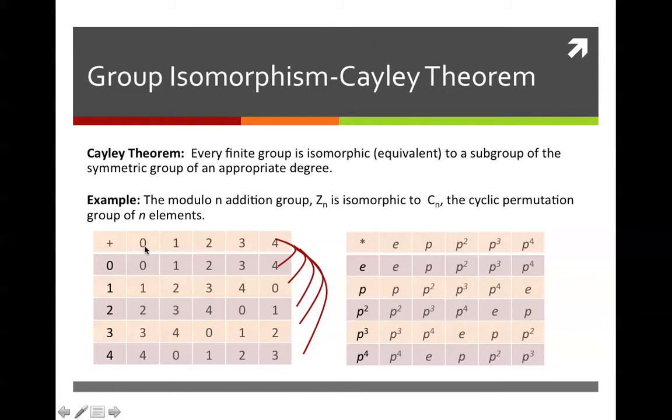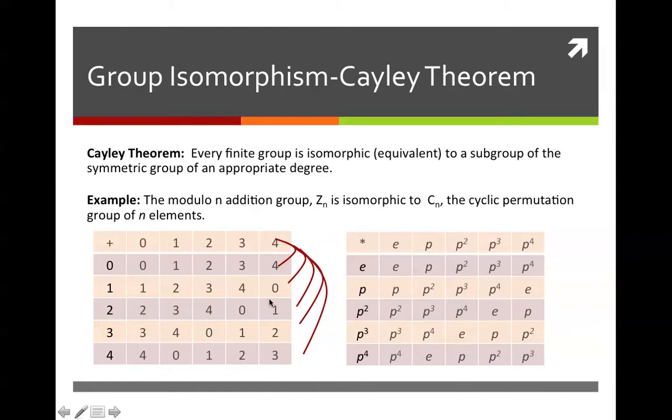So if you look at the first row here and then the second row here, you can see the map would be the permutation that we identify with this row, which is element 0, with 0 to 0, 1 to 1, 2 to 2, 3 to 3, 4 to 4. So this first row element, 0, becomes permutation 0 to 0, 1 to 1, 2 to 2, 3 to 3, and 4 to 4.